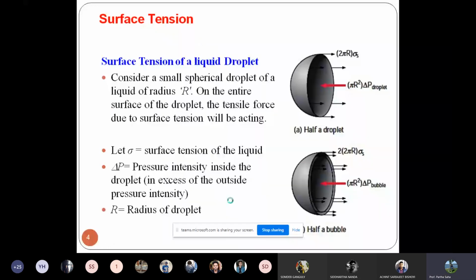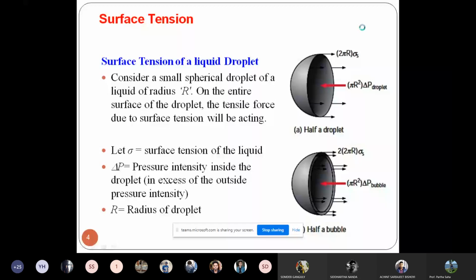Let's move to the real life example. Here I am showing how to derive the expression for surface tension. You can see here a spherical droplet. The half plane of the droplet has been shown here. So consider this small spherical droplet of radius capital R. On the entire surface, there are two forces acting on it. One is the tensile force, which is the surface tension force.